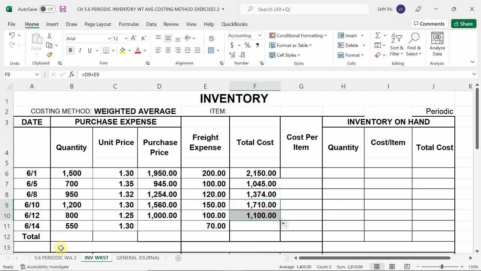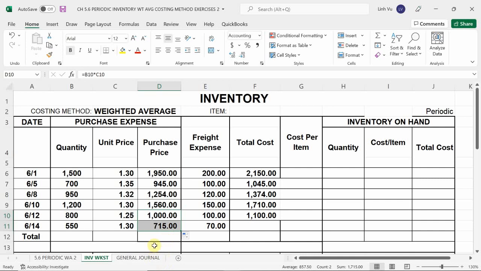Last one here, on June 14, we end up purchasing 550 units at $1.30 with a freight of 70. Okay, 650. 750. Oh, 715? Mm-hmm. See, I need a bigger calculator.